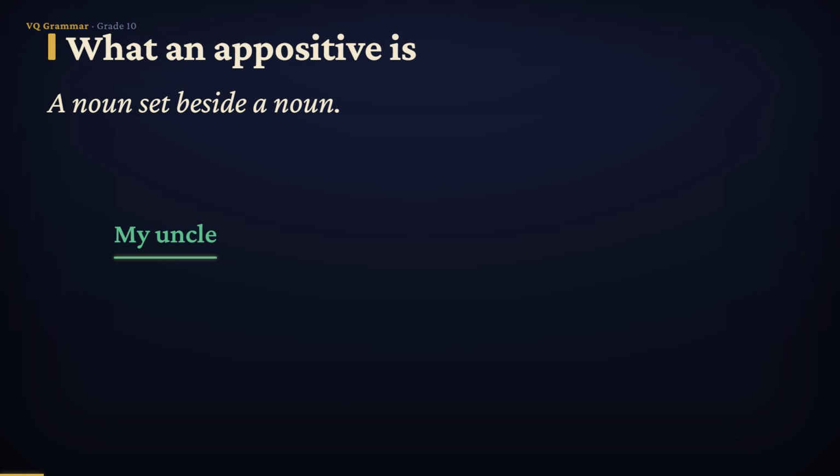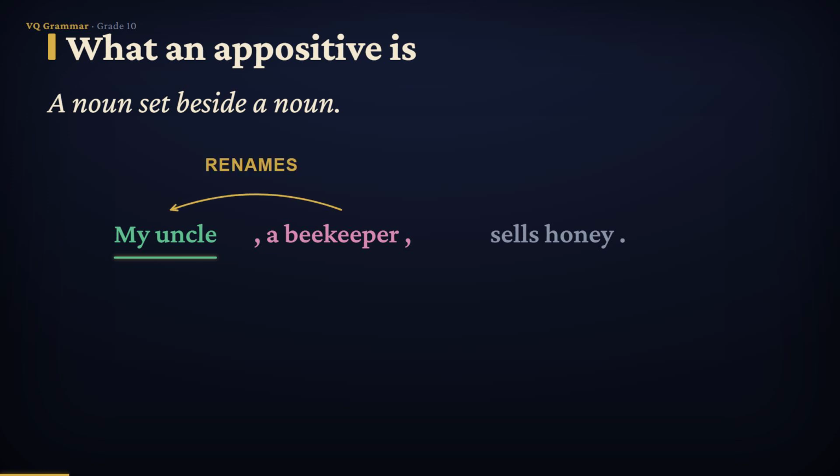Here's a sentence. My uncle, a beekeeper, sells honey. Look at the two ends first. My uncle is the subject, and sells honey is what he does. Now look at the middle. The words a beekeeper sit right next to the noun my uncle, and they rename him. That is an appositive.